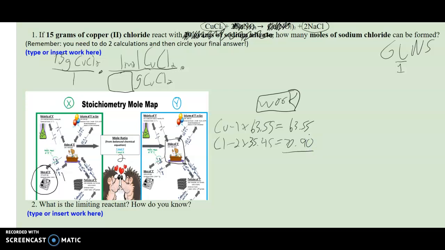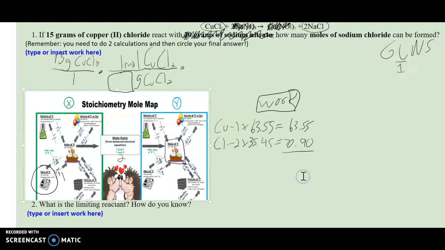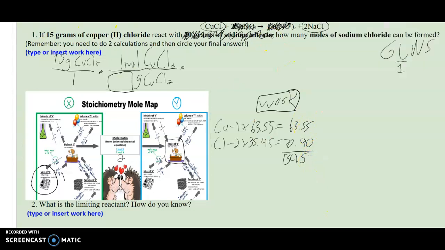I'm going to add those two together to get the number that I'm putting in there. 70.9 plus 63.55 equals 134.45. Now the answer key might look a little bit different just because of how I rounded. Let's see. Nope, there's got to be something wrong there. Yep, 135.45. So let me undo a couple of things. Great. Now I have to put that in here: 135.45.